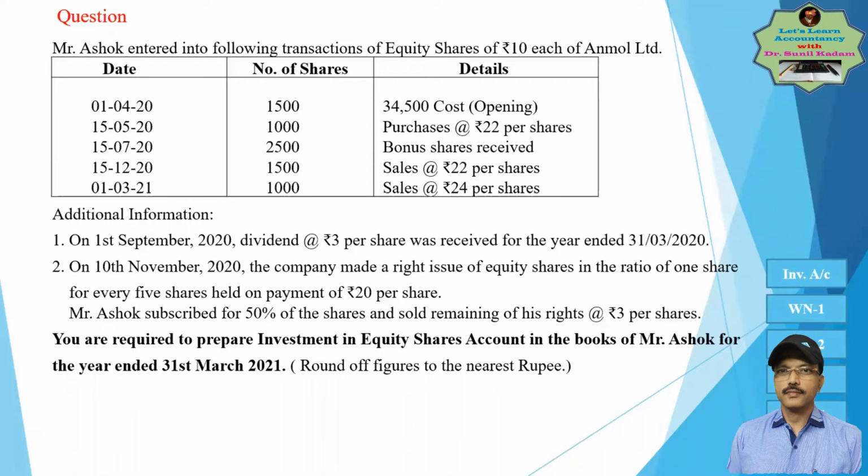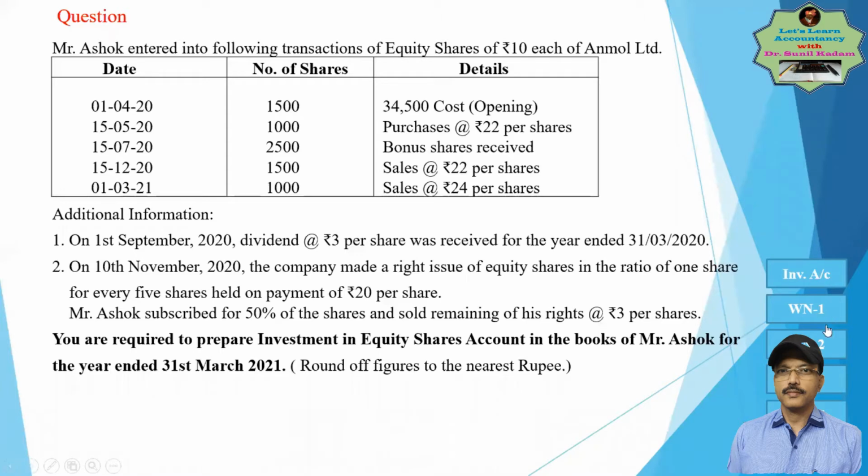Therefore, in the cost column there is no record, but the nominal value keeps increasing. Because 2,500 bonus shares are received, the number increases and the nominal value increases, but the cost is zero because nothing was paid. The entry will only increase the number and the nominal value; there is no need to record anything in the cost amount.